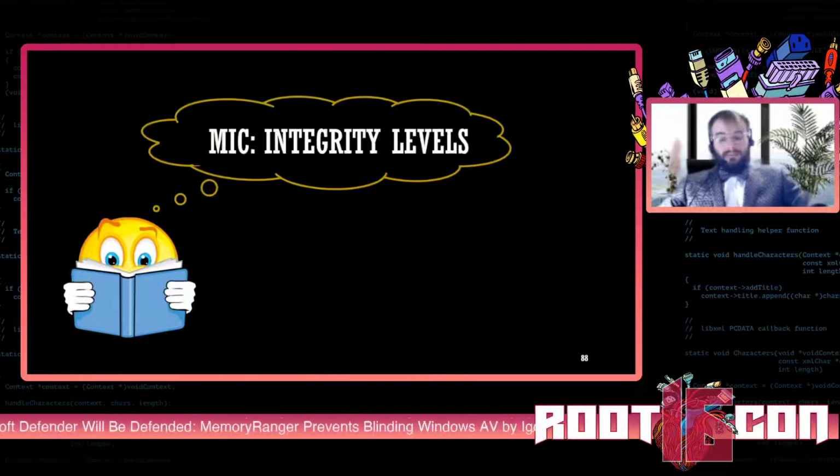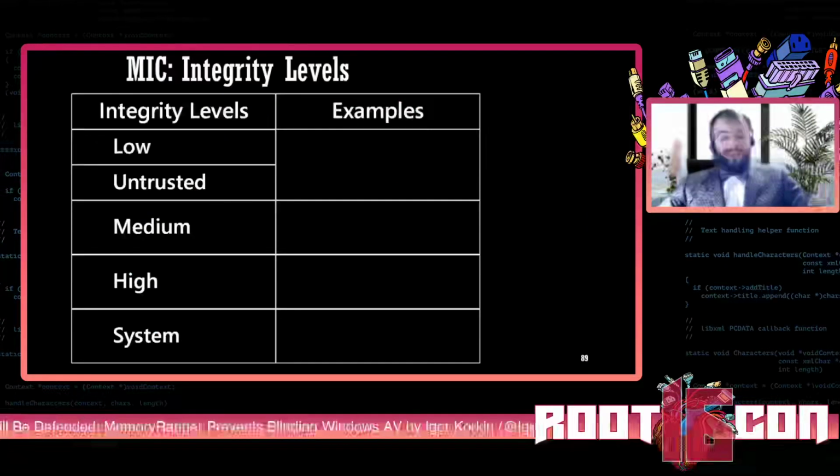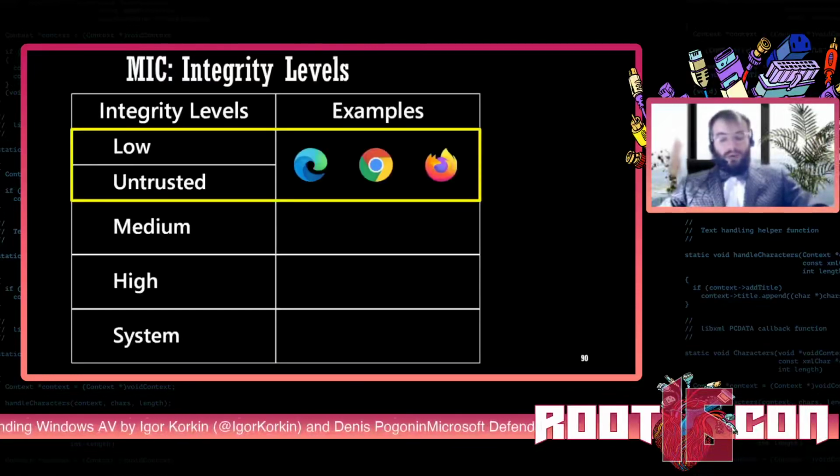Windows supports several integrity levels to limit access to the resource. Untrusted and low integrity levels are usually used by browsers to isolate web threads from the OS.